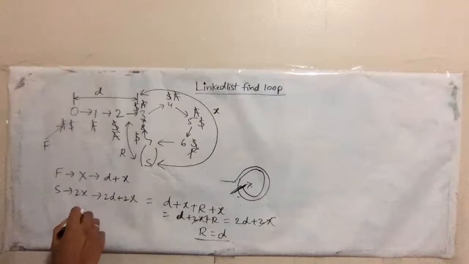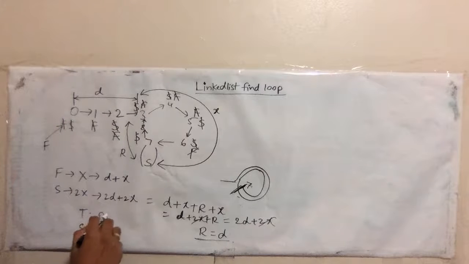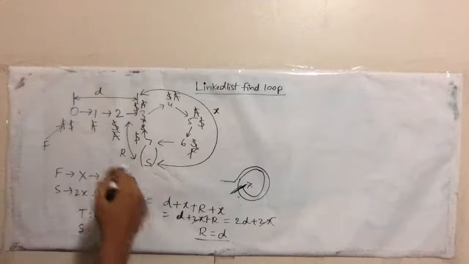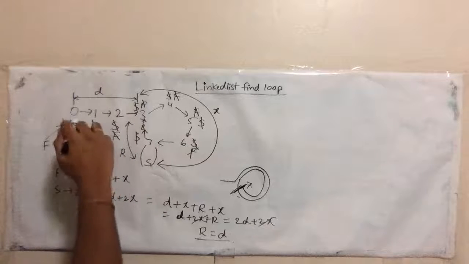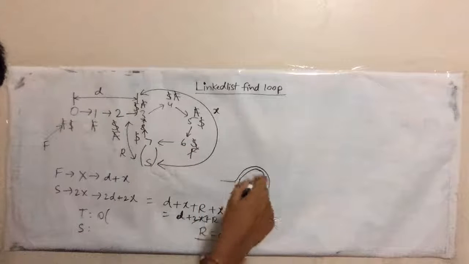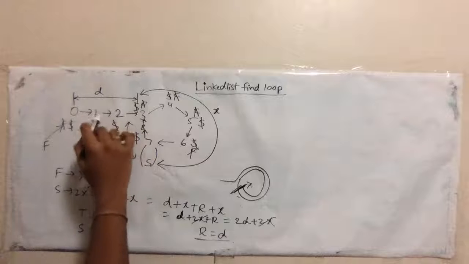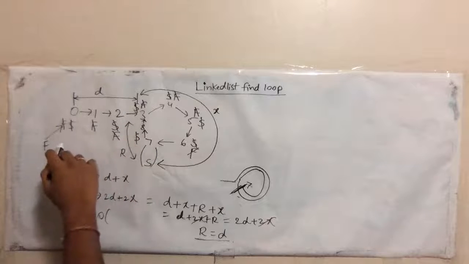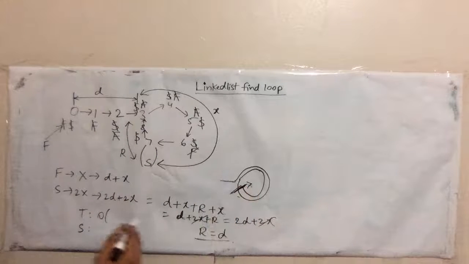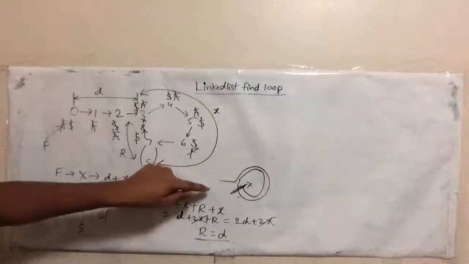So coming to the time and space complexities, what is the time complexity? We have taken two pointers, but we need to consider only the first pointer as the standard, because the second pointer is moving at twice the speed.